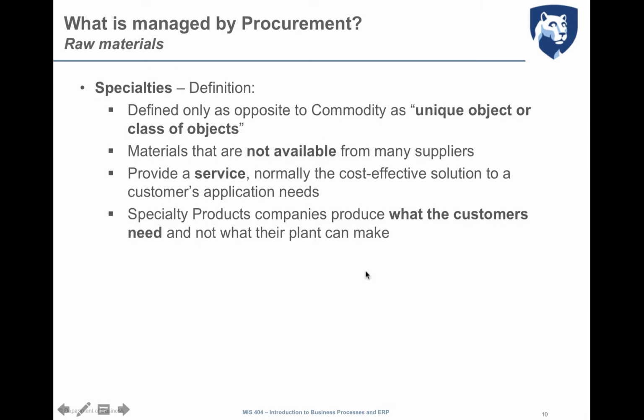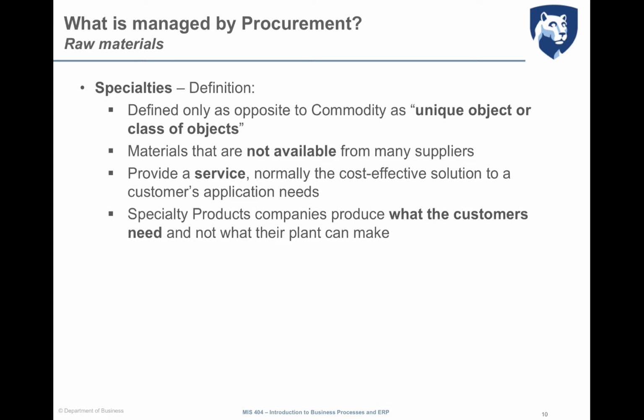On the contrary, we have raw materials which can be called specialties. Specialties are defined only as opposite to commodities, as a unique object or class of objects that are not available from many suppliers. They are raw materials that are requested specifically in some variants, with some characteristics, by companies.